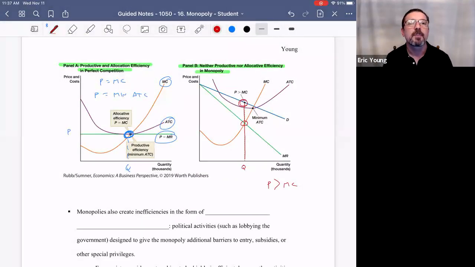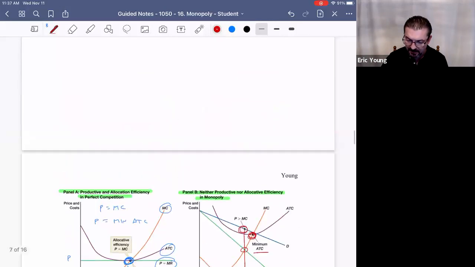We know that ATC is minimized right here. Remember that ATC, the U-shaped curve, is minimized where it intersects MC. This right here is the minimum ATC. The monopoly does not produce there. Therefore, the monopoly does not produce at the minimum ATC.